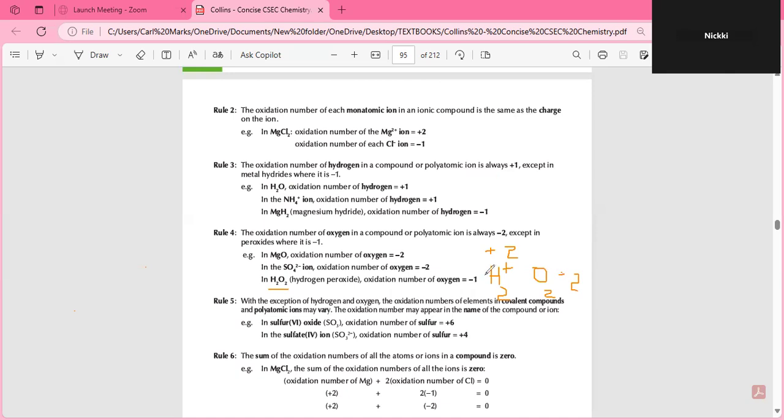It can be -1, right? Because -1 times 2 gives you the -2. So this is why the oxidation state is going to be -1, because it has to match up with the two protons from the hydrogen.